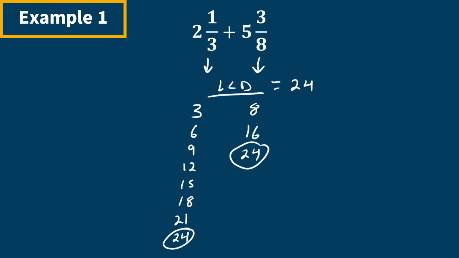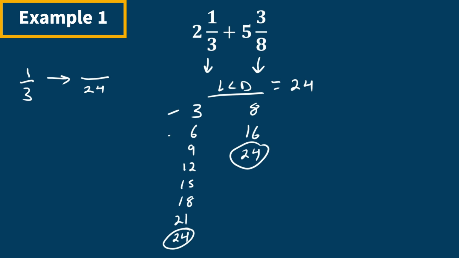So what we're going to do is make each one of these fractions have a denominator of 24. Let's start with 1/3. We want to make that have a denominator of 24. So we need to figure out 3 times what number is going to give us 24. You can either divide it, do it in your head, or go ahead and look at that LCD column that we made and count.